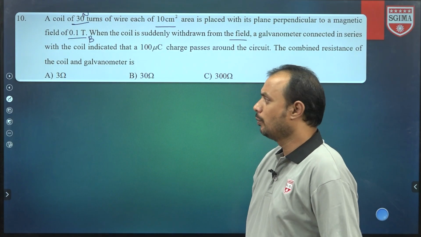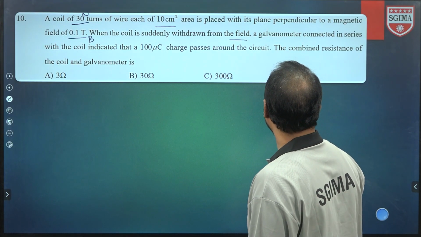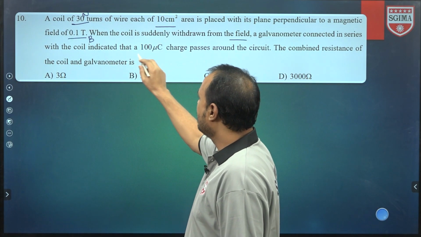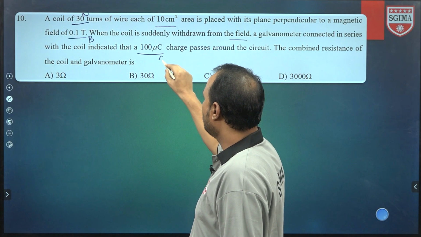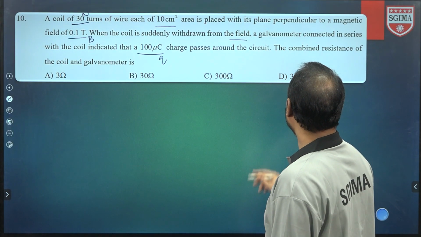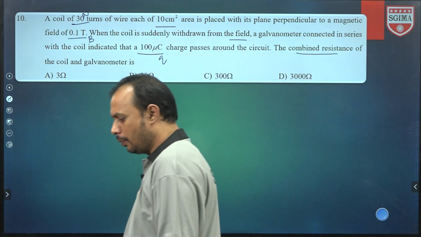So the coil is removed from the magnetic field, and in the absence of the magnetic field, a galvanometer connected to the coil indicates a charge of 100 microcoulomb around the circuit. They ask for the combined resistance of the coil and the galvanometer.